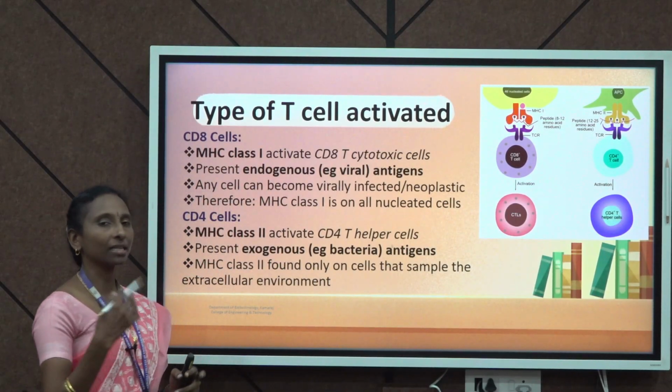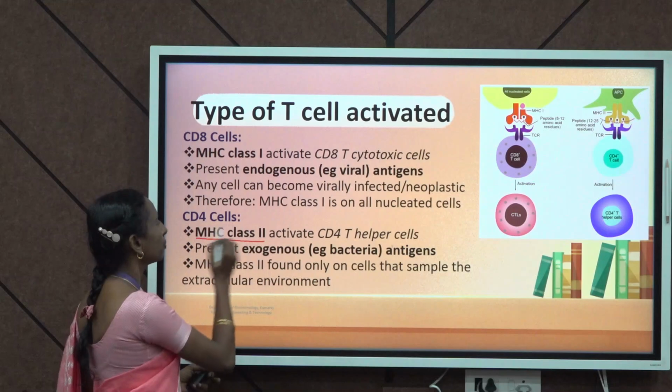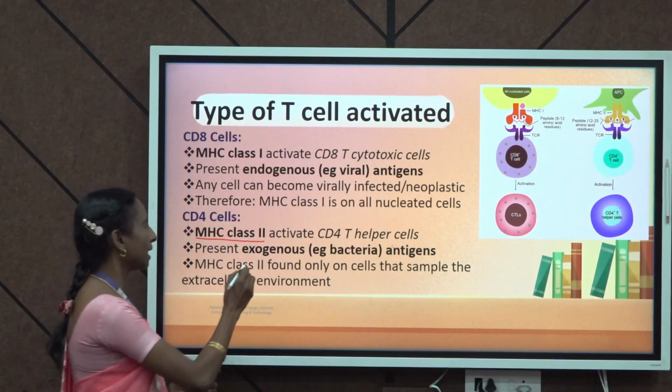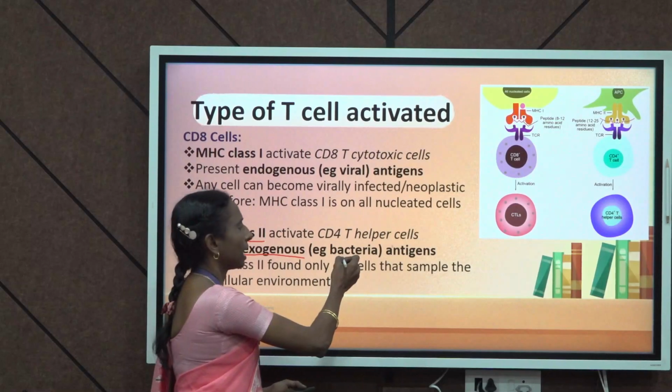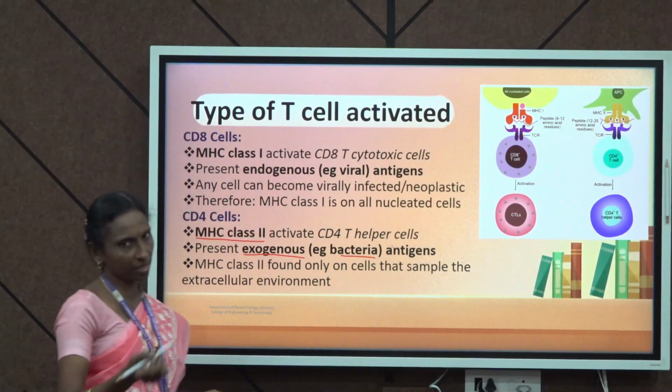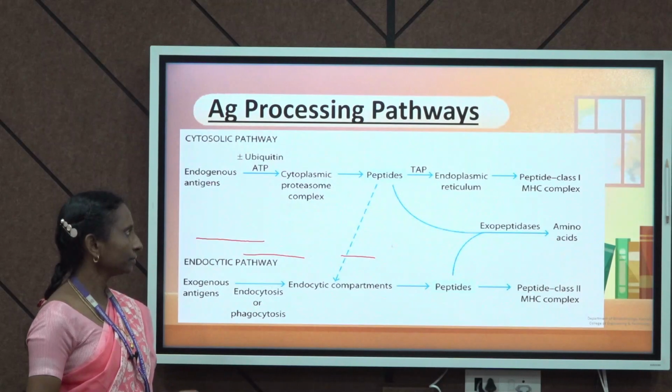On the other hand, the T helper cells are presented antigen by class 2 MHC molecules, and the antigens presented are the exogenous antigens, for example, antigens related to bacteria.